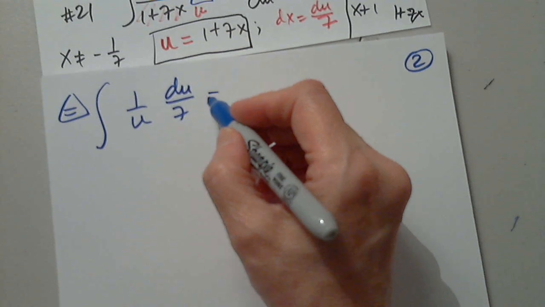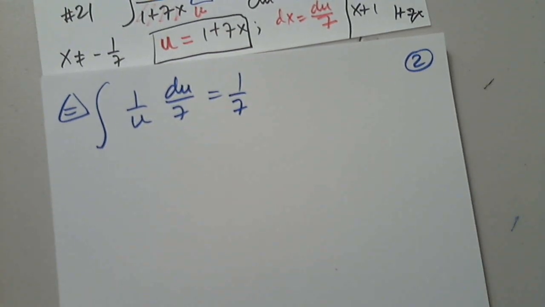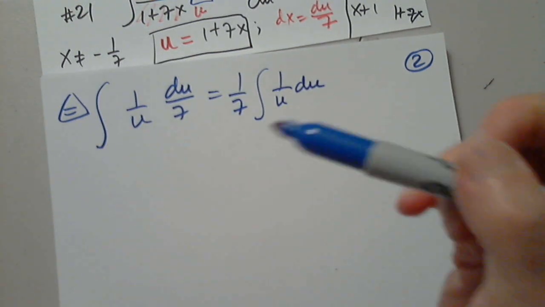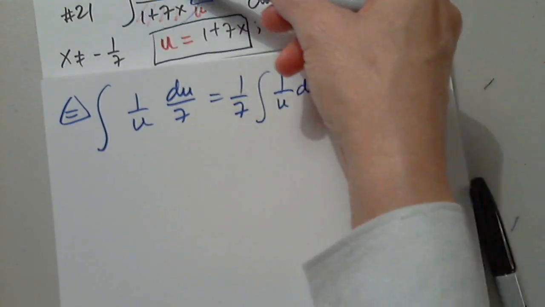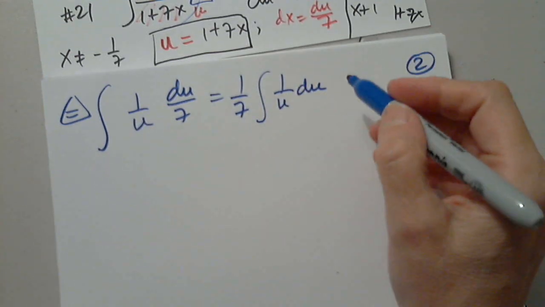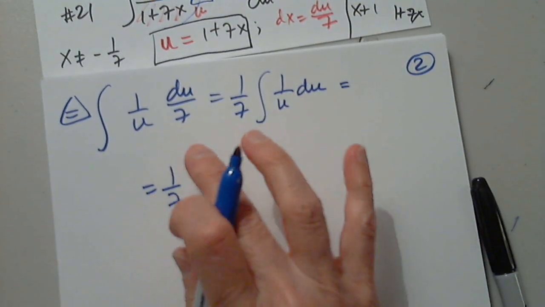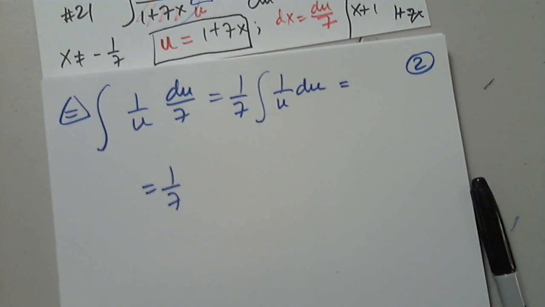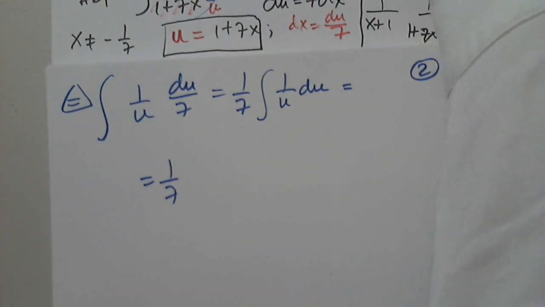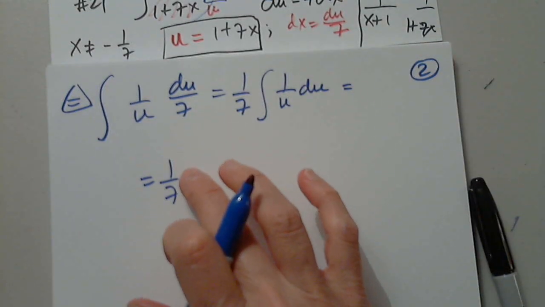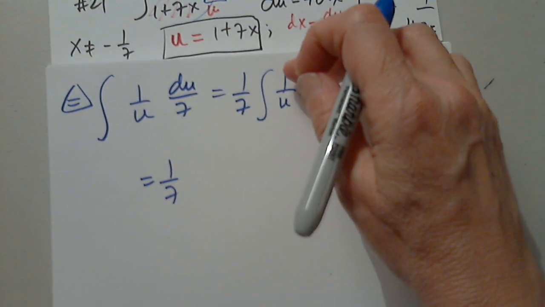Of course, I can move 1 over 7 out as a factor: the integral of 1 over u du. As you notice, the whole thing changed from x into u. There was no x left. So now we have to identify which function we differentiate to get 1 over u. There is only one function that we differentiate, and we get the answer 1 over u.